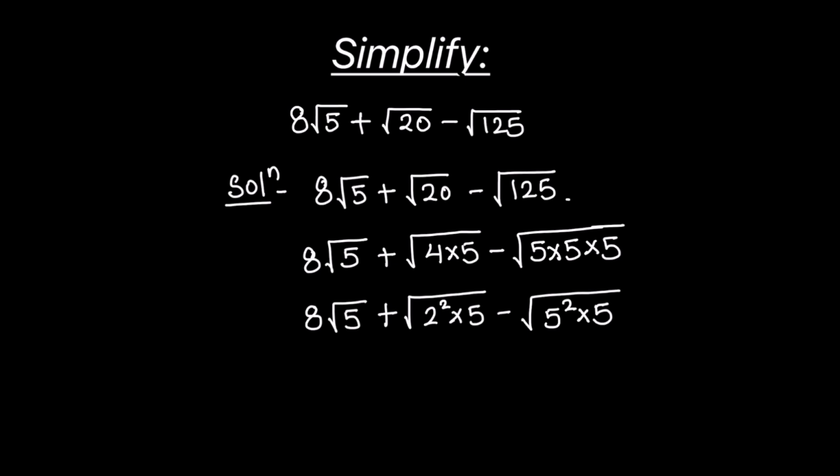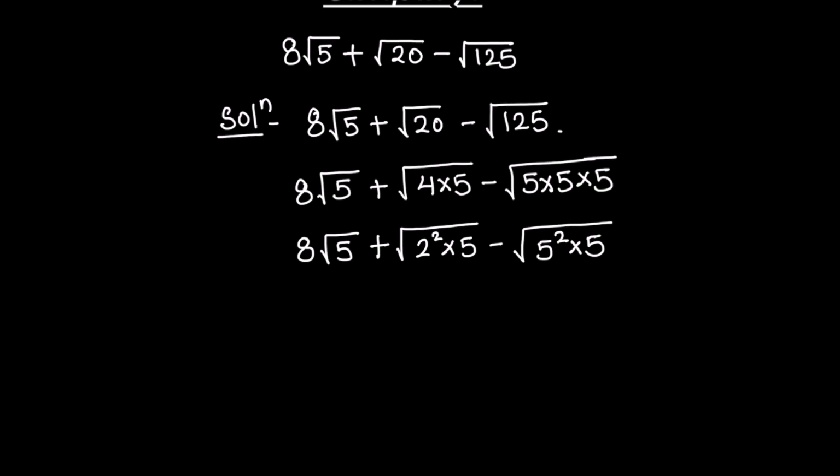This is a square root, so we are using square. These square numbers are under the square root sign, so we can write it as 8 square root of 5 plus 2 square times square root of 5 minus 5 square times square root of 5.